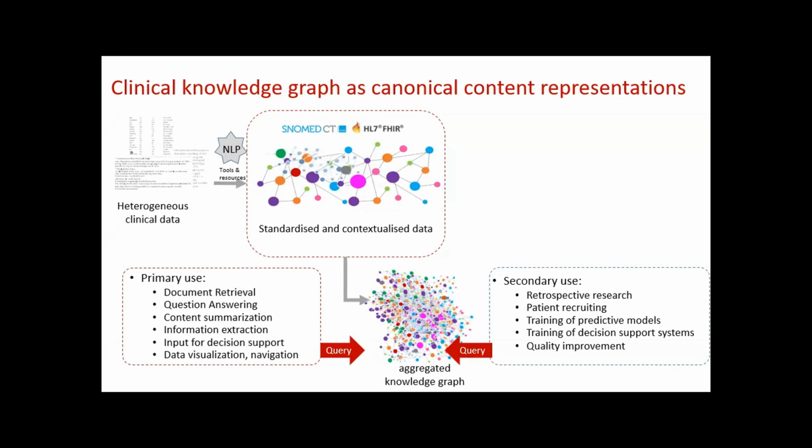Imagine you have such a knowledge graph extracted out of a bunch of clinical documents, and then you can just query it, the way we know it a little bit now with large language models. And even better, you could use this as input data for decision support.